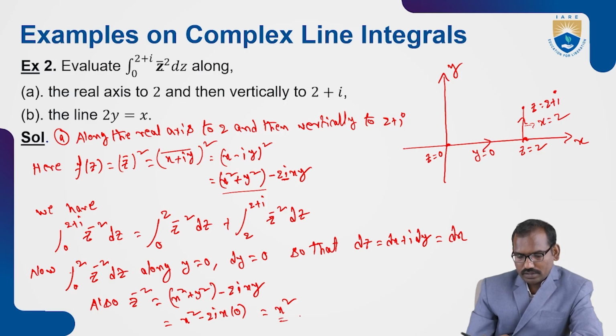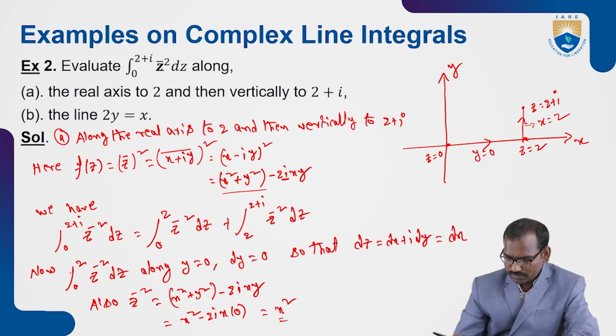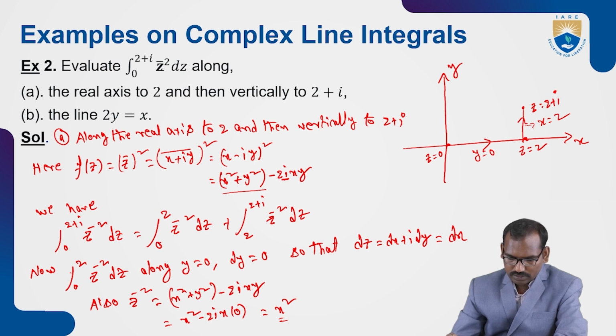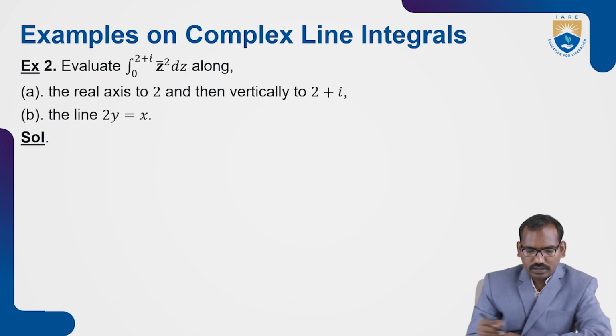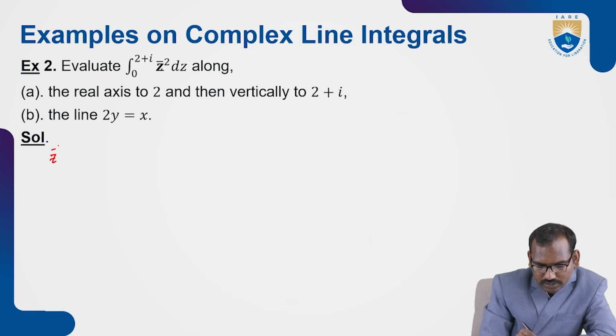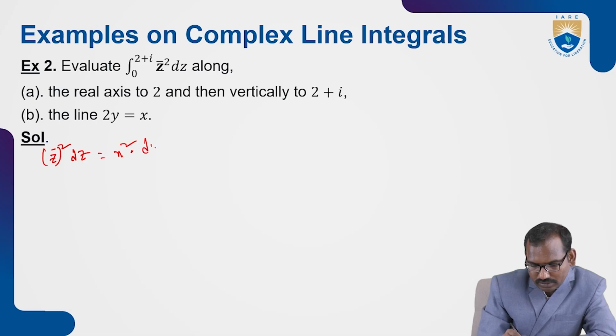Okay. Now here I will calculate z bar square into dz. We already calculated z bar square on the curve, which is x square, into dz. dz is nothing but dx.